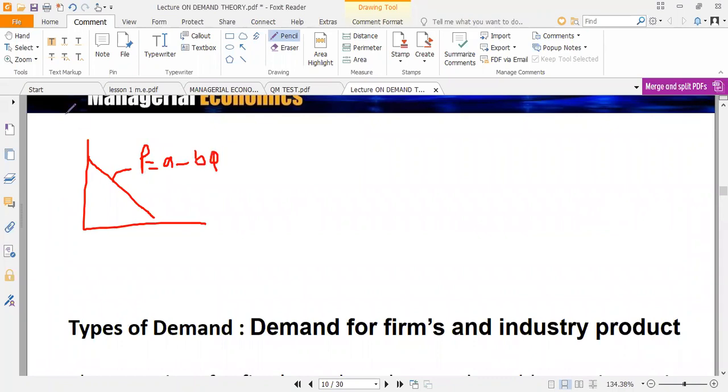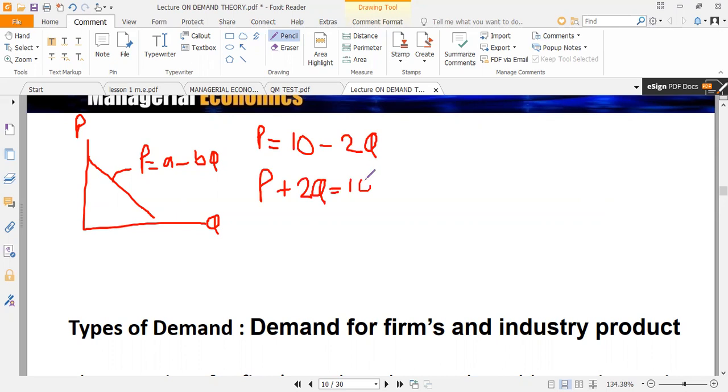Yes, this demand curve, price and quantity. So if we're given the demand function as P equals 10 minus 2Q, to plot this, we put the letters on one side: P plus 2Q is equal to 10. 10 is our constant. So when we're sketching this, what number is on the P?